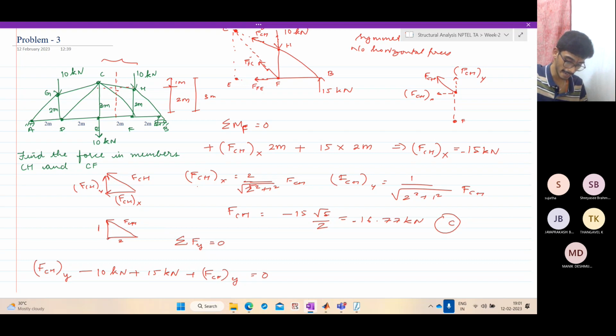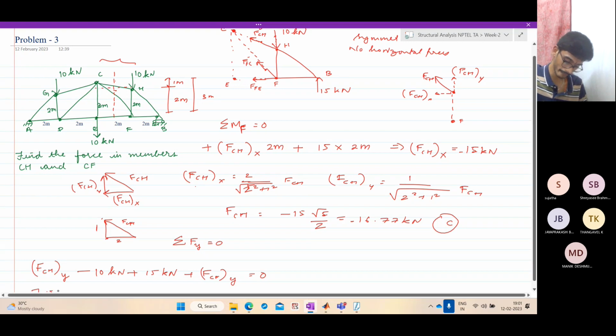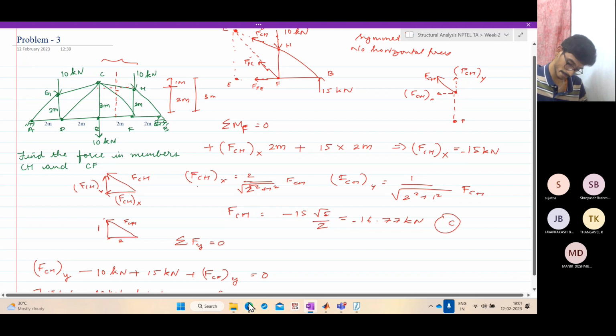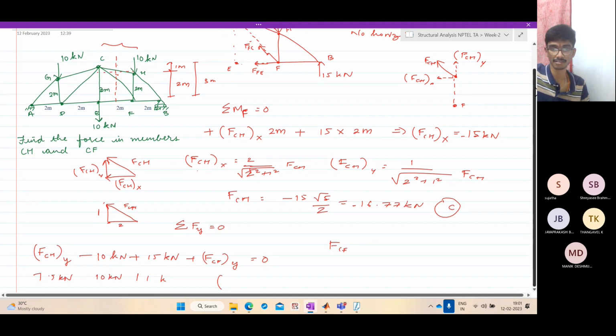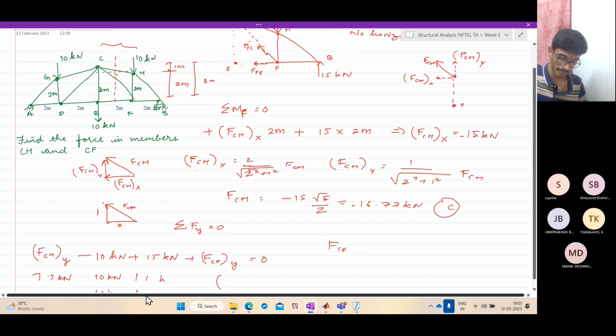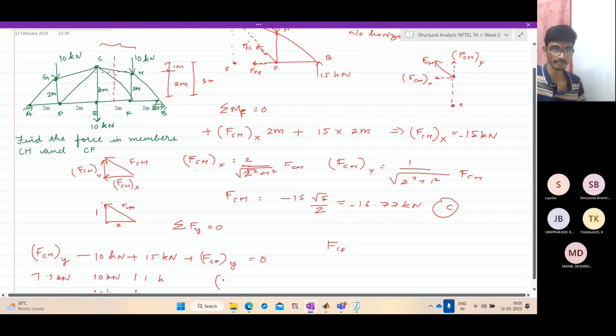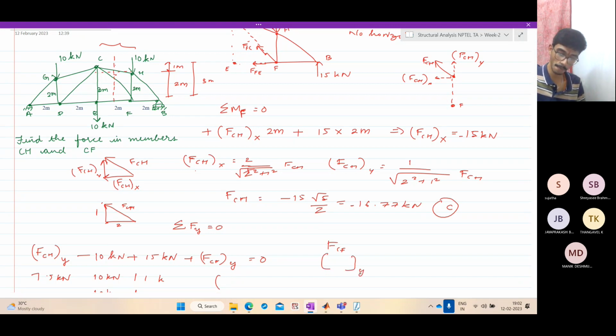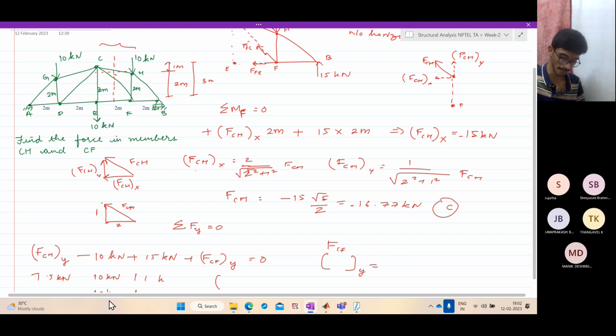FCHX, you got it as 15. So Y will be half of it, which is 7.5. Minus 10 kilonewtons plus 15 kilonewtons is equal to minus FCFY. So you get FCFY as 7.5 minus 10.